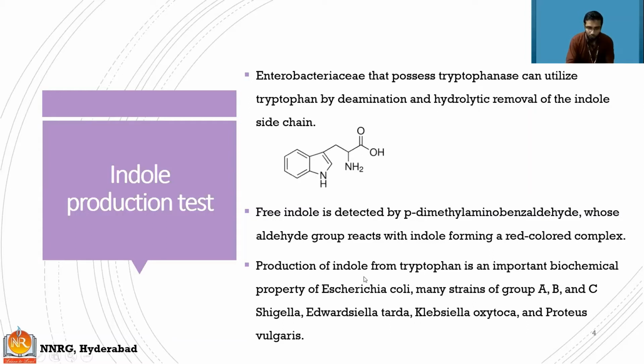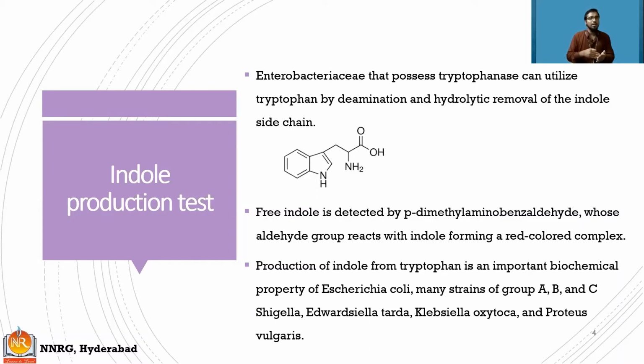Production of indole from tryptophan is an important biological property of Escherichia coli. When I say Enterobacter, it means bacteria present in the intestine. Entero means intestine. All the bacteria which survive in the intestine are called Enterobacter species. So E. coli is in our intestine, right?